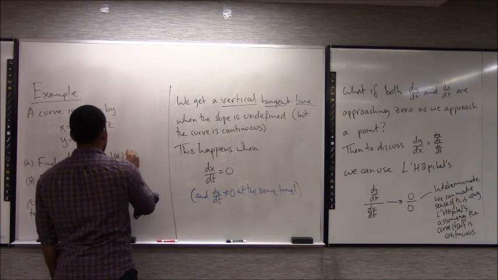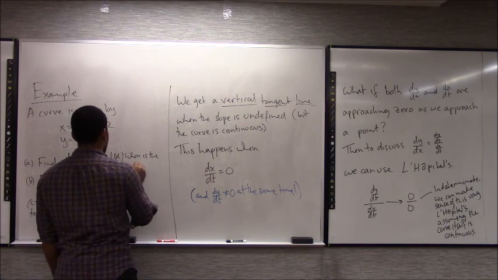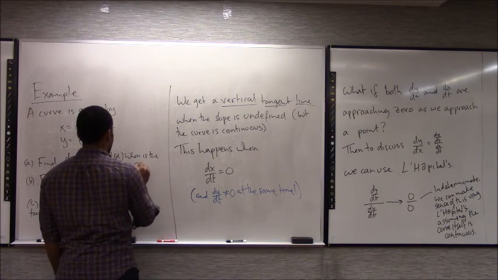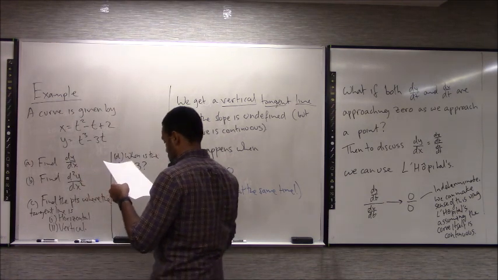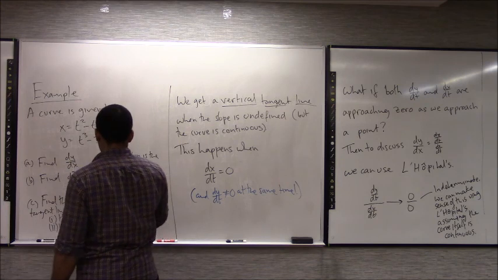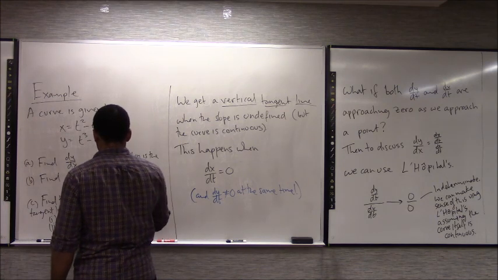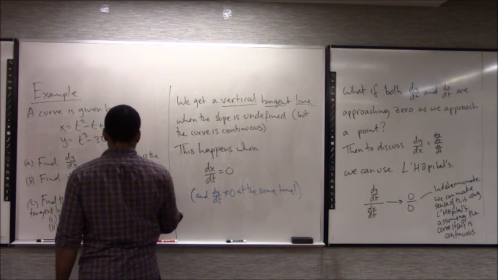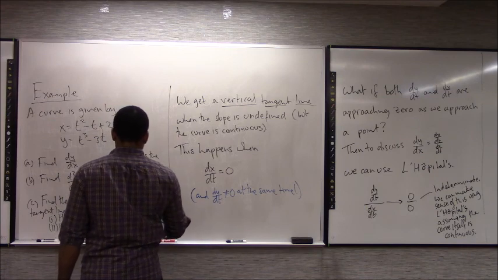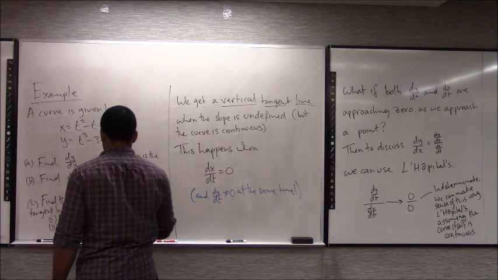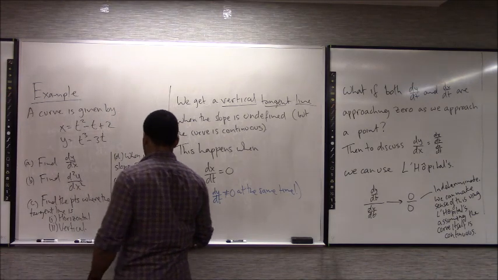D. When is the slope 3? E. Find the equation of the tangent line when t equals minus 2.